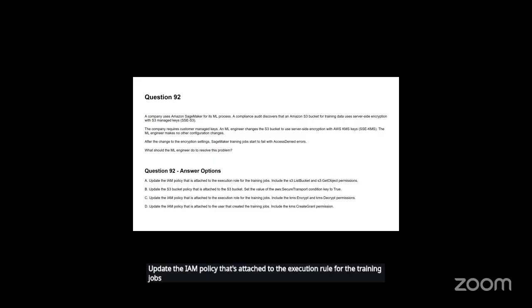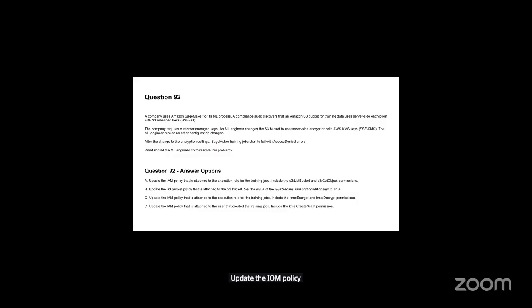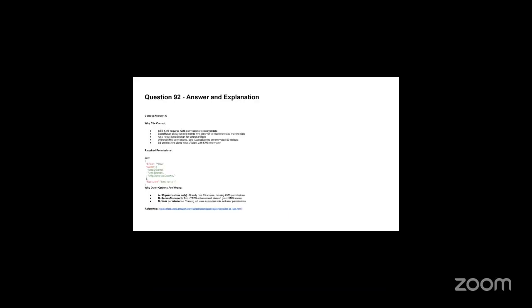Include KMS encrypt and KMS decrypt permissions. Update the IAM policy that's attached to the user that created the training jobs. Include the KMS create grant permission. C.